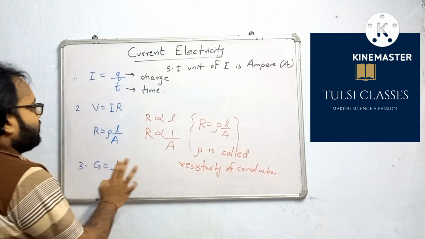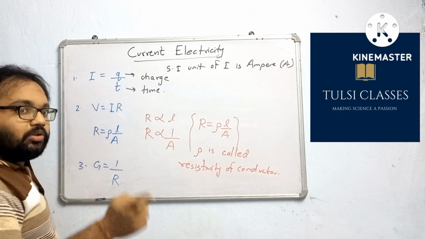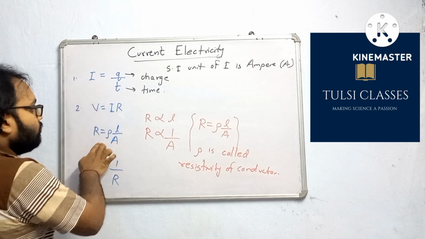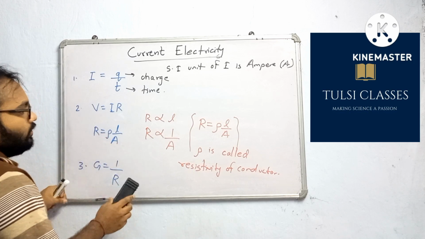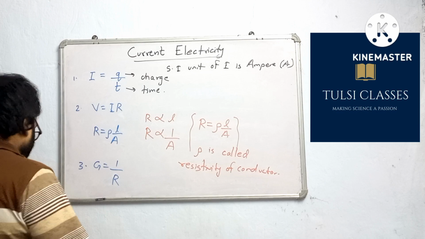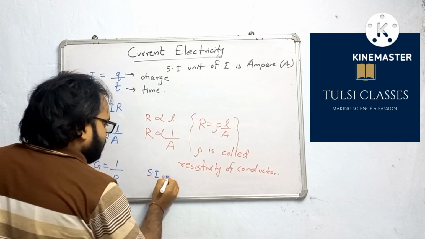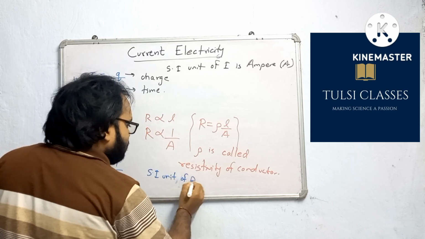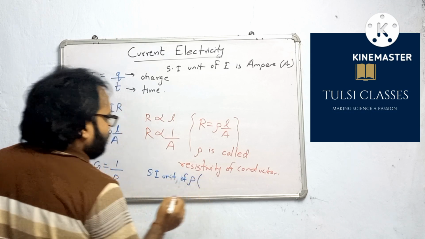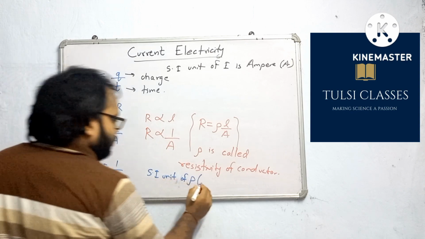So rho is called resistivity of the conductor. From here, R, its SI unit is ohm. You can get the resistivity unit, SI unit. So what you will get? SI unit of rho, how much it will become? Ohm meter.